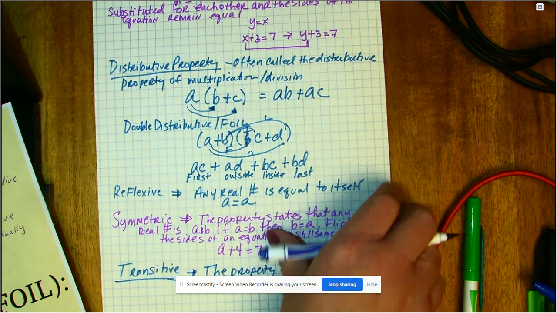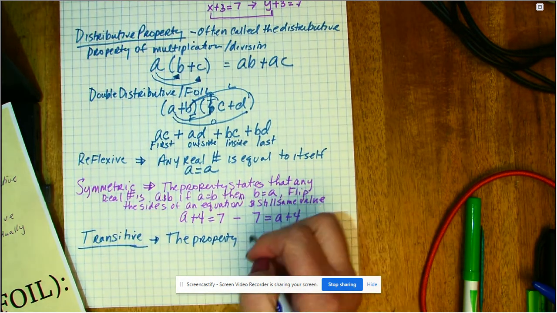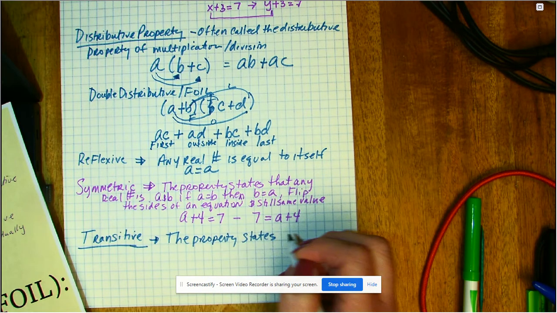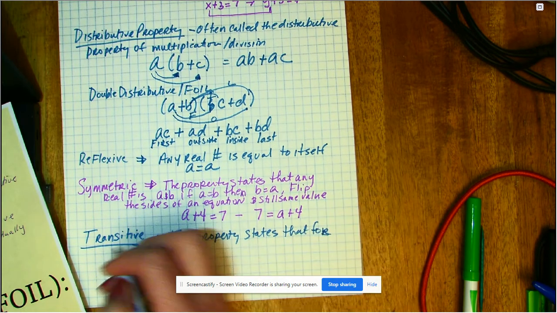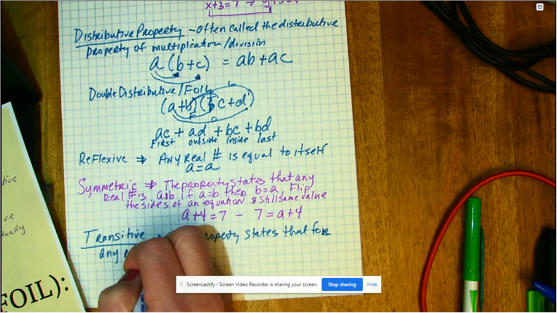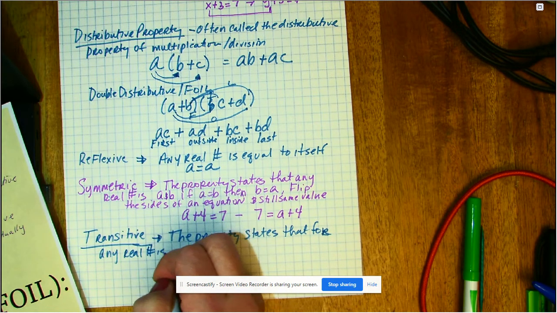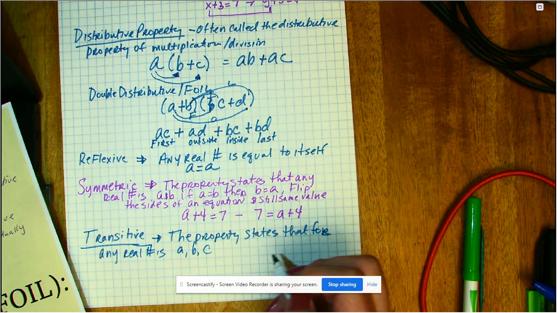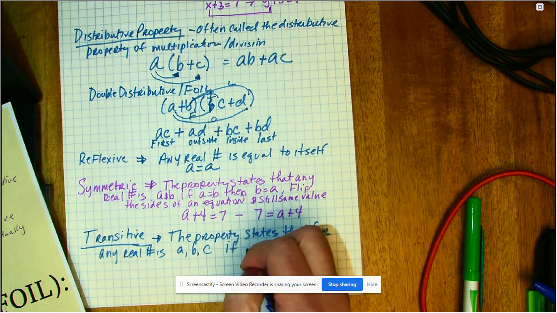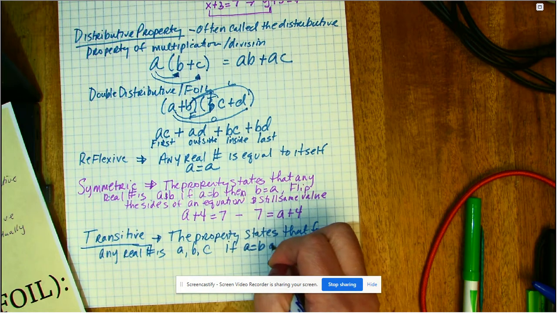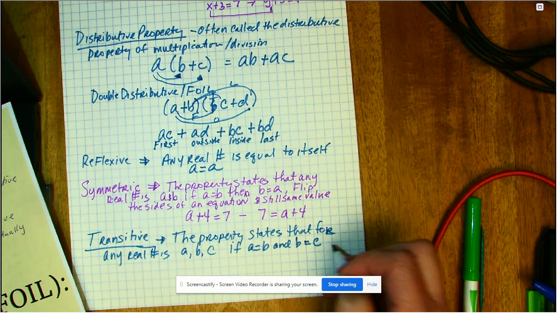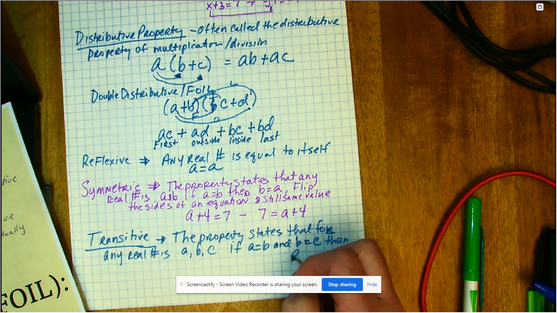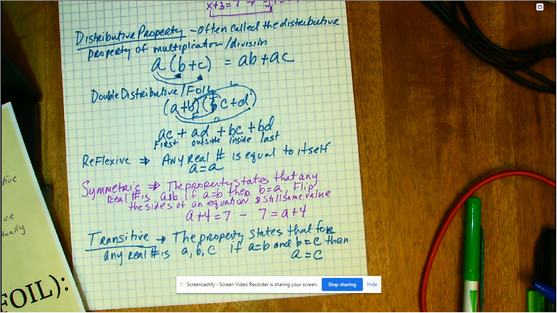The property states that for any real numbers A, B, and C, if A equals B and B equals C, then A must also equal C. And that's what the transitive property tells us.